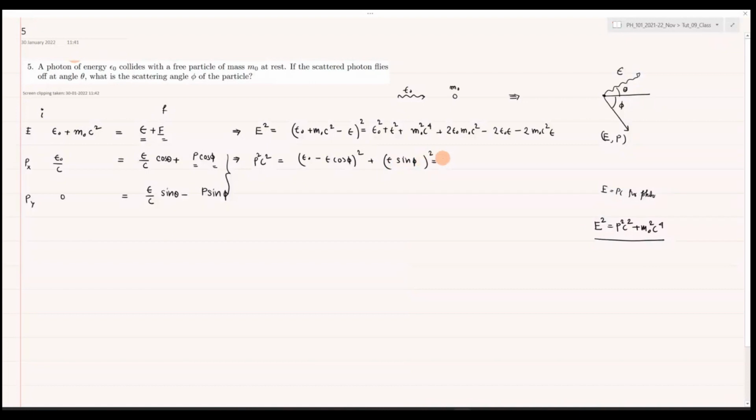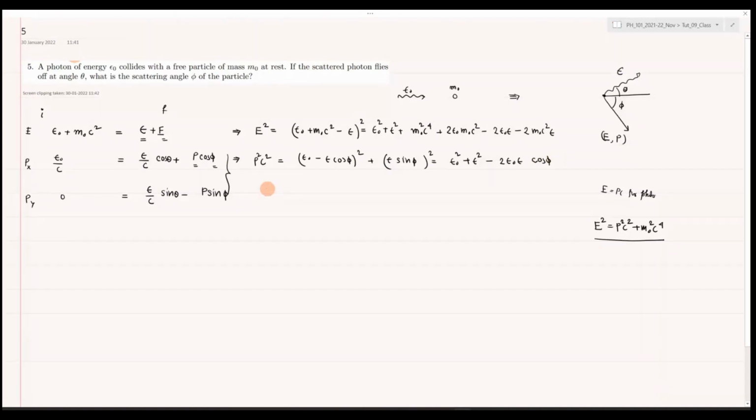If you simplify it, it will give epsilon 0 square plus epsilon square minus 2 epsilon 0 epsilon cos phi. Everyone agrees still here? Yes, good.